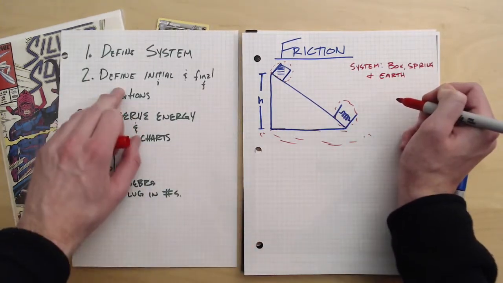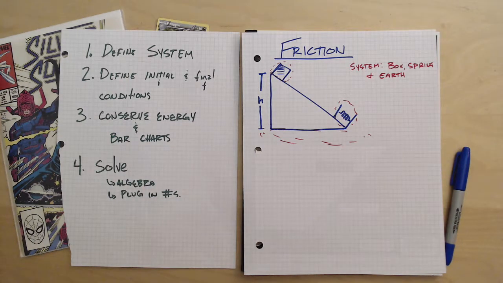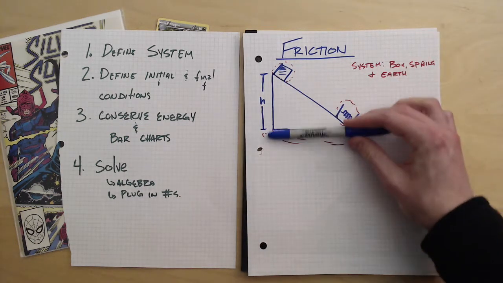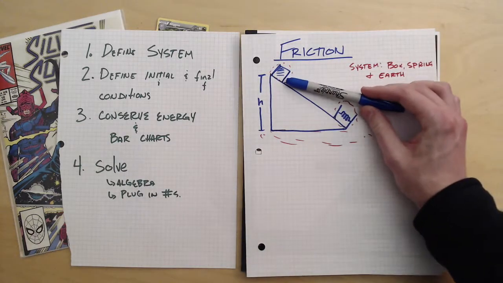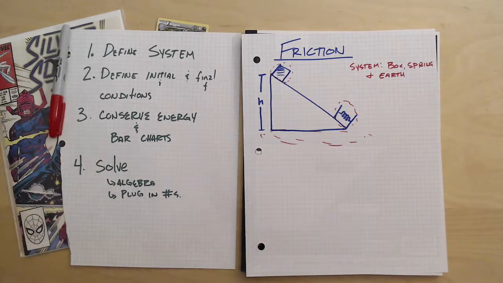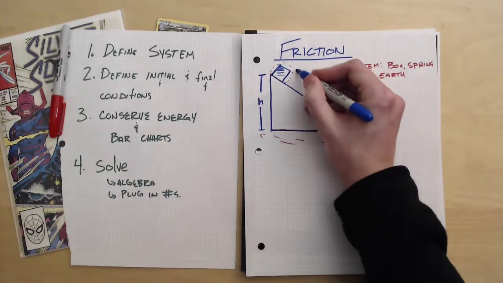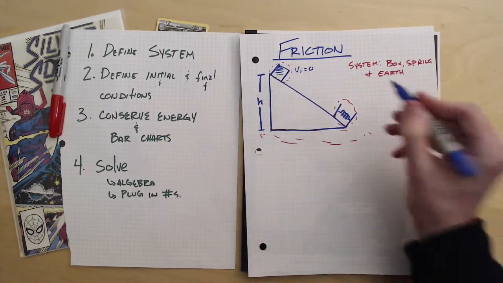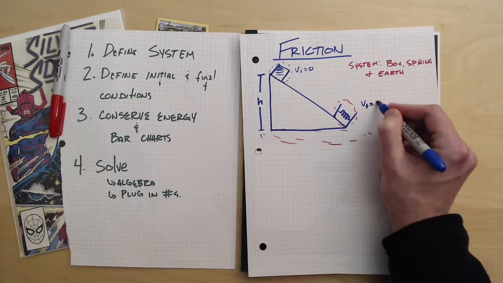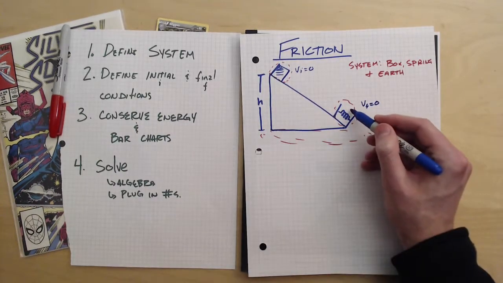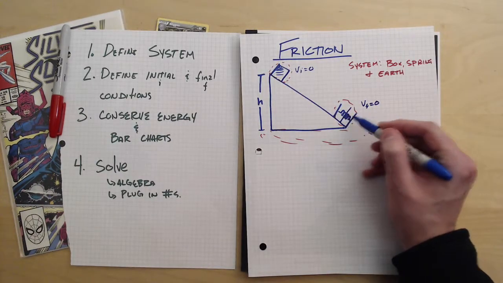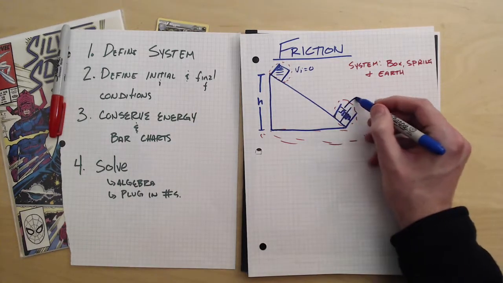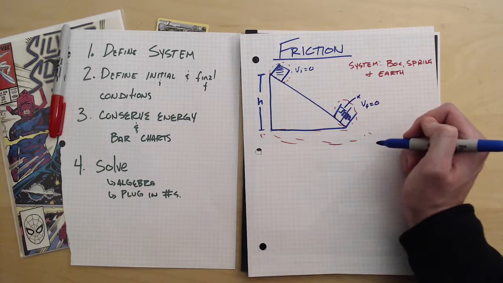Okay, our second step, we need to define our initial and final conditions. So I said that initially the box is starting at a height h, and it is starting from rest. So we can write down that V initial is equal to 0. Then we said the final situation, the box is going to be also completely still, so we have a V final of 0. But the spring is going to be compressed somewhat by this distance of x.